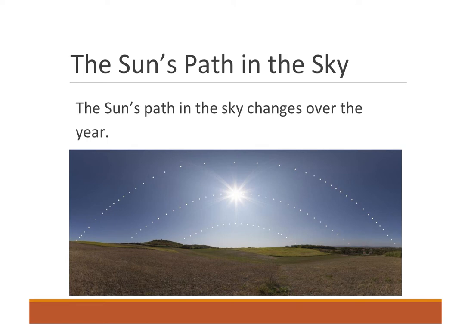If we think about how the sun moves through the sky, this also changes over the course of the year. If this is the east and the west, as we track the sun's path using a time-lapse camera, in the wintertime we'll see that it rises over here on the horizon and doesn't really get up very high in the sky before it sets over here. And of course that shorter path also gives us shorter daylight hours in the winter.